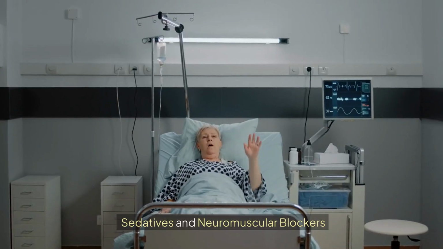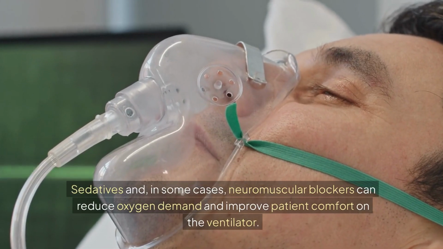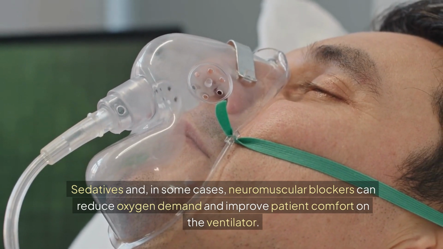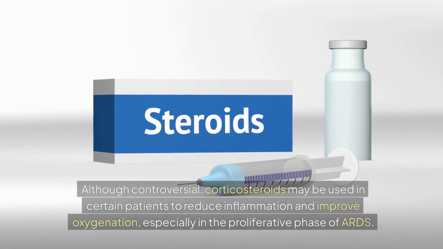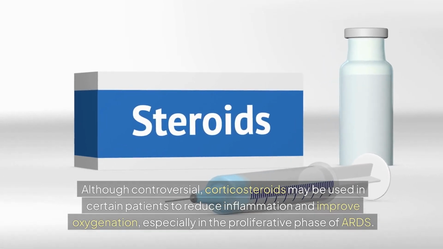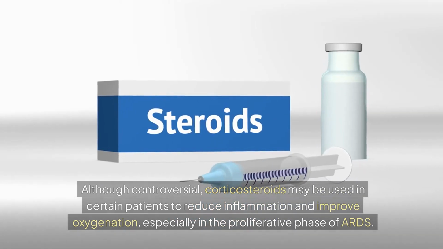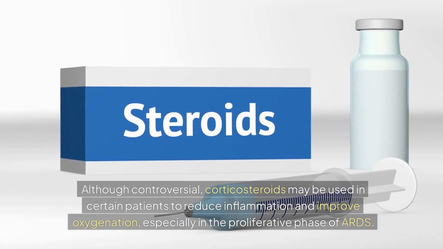Sedatives and neuromuscular blockers. Sedatives and, in some cases, neuromuscular blockers can reduce oxygen demand and improve patient comfort on the ventilator. Corticosteroids. Although controversial, corticosteroids may be used in certain patients to reduce inflammation and improve oxygenation, especially in the proliferative phase of ARDS.